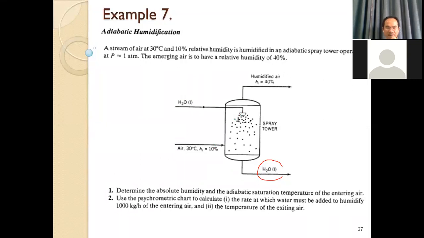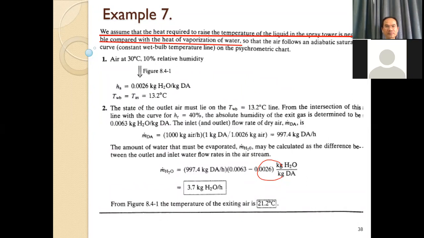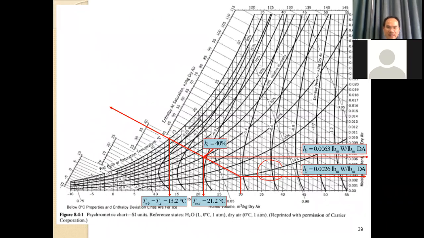Determine the absolute humidity and the adiabatic saturation temperature of the entering air. Also use the psychrometric chart to calculate the rate at which water must be added to humidify 1,000 kilograms per hour of the entering air, and the temperature of the exit air. We use the inlet data: the inlet air is 30 Celsius and 10% relative humidity.